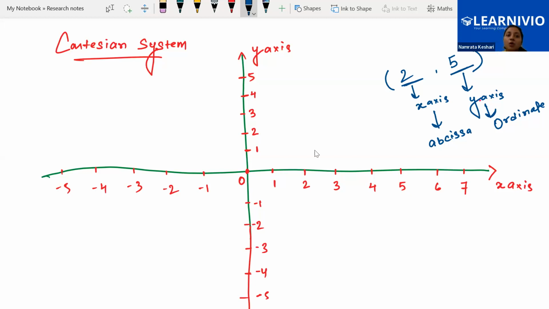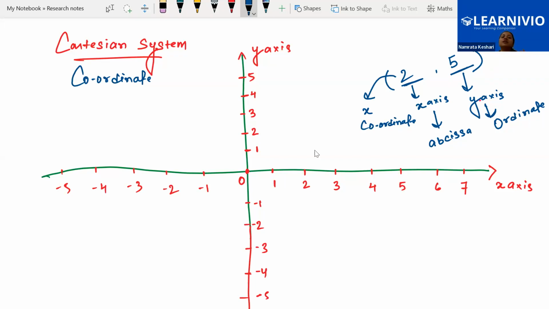We also call it the coordinate system. The name of the chapter is coordinate geometry, so we also call it the x coordinate. Sometimes I will call this 2 the x coordinate instead of the x-axis number. The general way of calling is x coordinate and y coordinate.